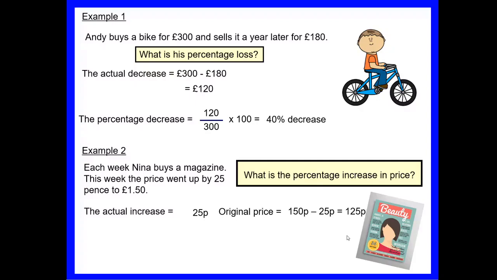So the original price was 125 pence. Now we can use our formula. So it's our actual increase divided by the original price times 100, and that means it's gone up by 20%. Again, if you need to, pause the video, check through the examples, make sure your understanding is good.